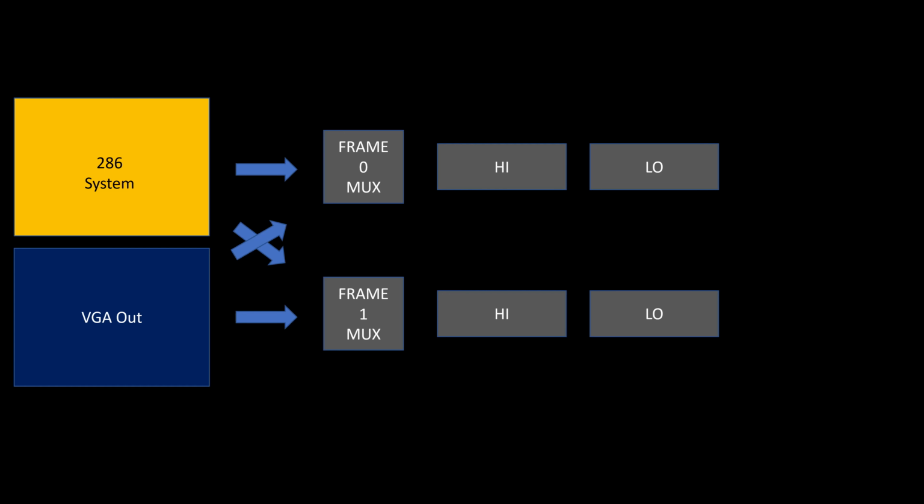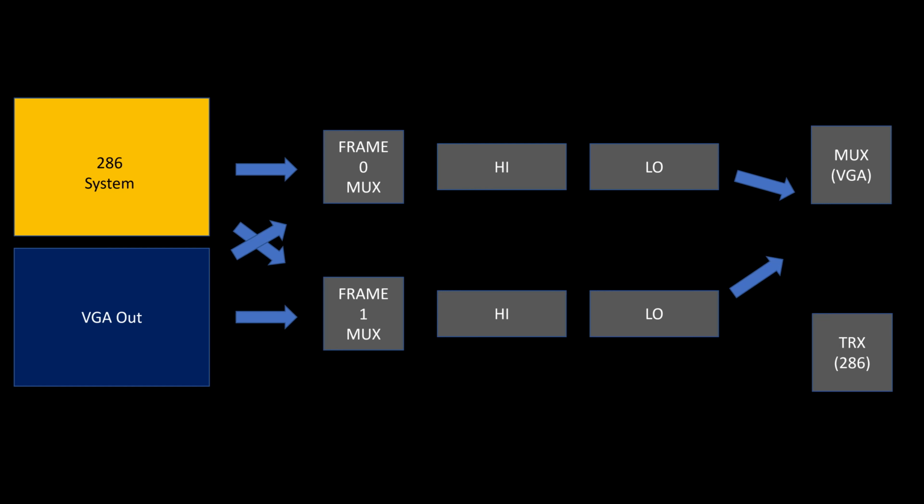I also have another mux on the output side. On the left it's more about which addresses make it into those RAM chips, but then there's which data I'm going to read out. I have another mux that allows me to choose whether I'm pulling data out of frame 0 or frame 1 to send out to the VGA output, and that allows me to choose one or the other for that output.